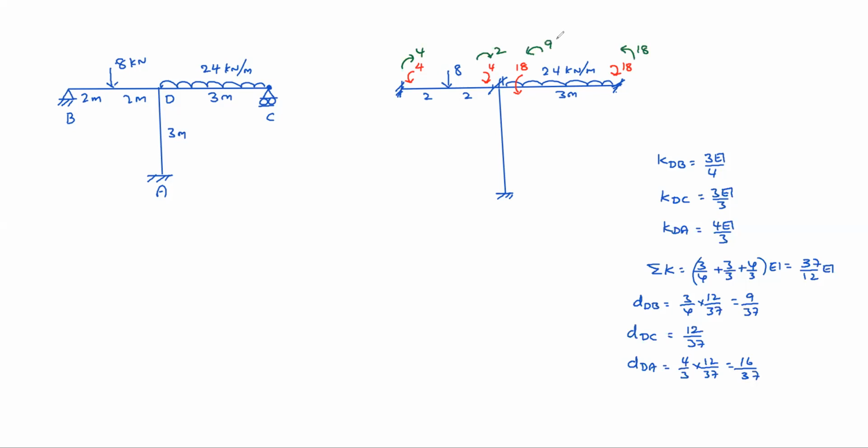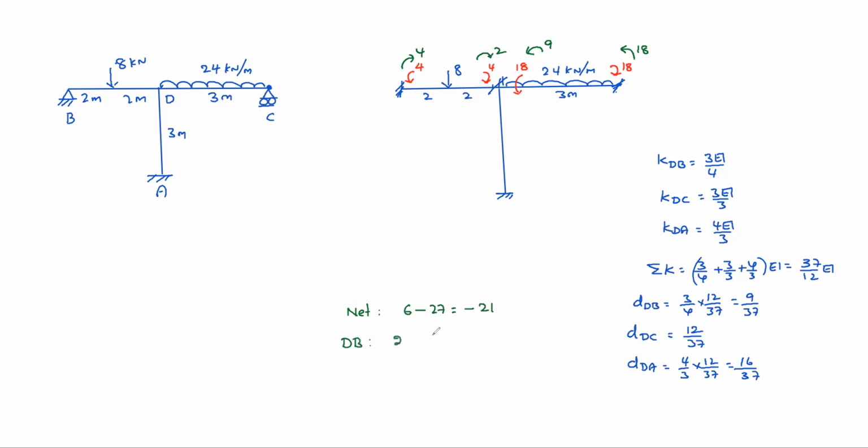So now how much is there? 4 plus 2, 6 clockwise, 18 plus 9, 27 anti-clockwise. Net is 6 minus 27, that equals minus 21.